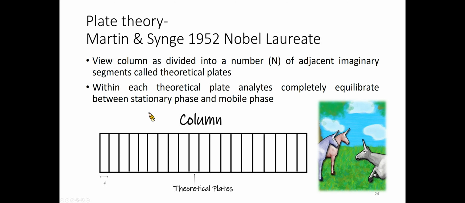The plate theory supposes that the chromatography column contains a large number of separated layers called theoretical plates. Separate equilibrations of the sample between the stationary and mobile phase occur in these plates. The analyte moves down the column by transfer of equilibrated mobile phase from one plate to the next.